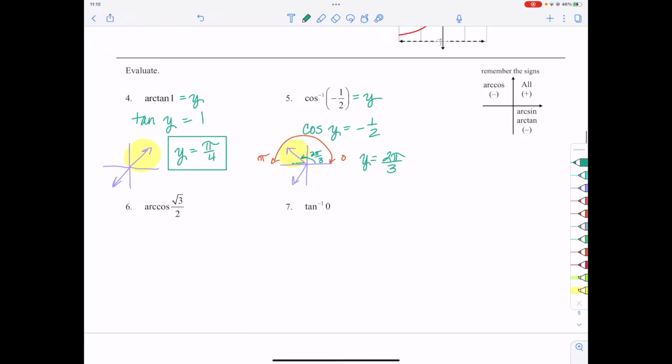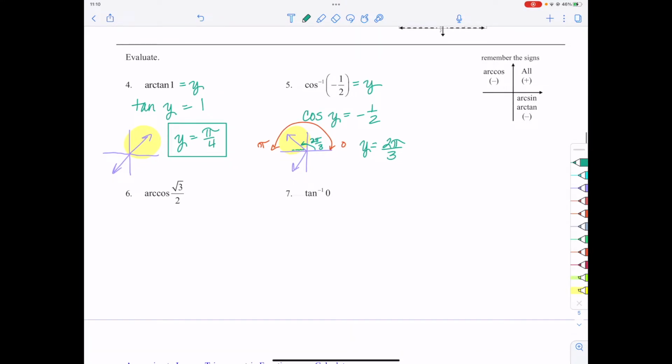The arc cosine of root 3 over 2 is equal to y. So the cosine of y is root 3 over 2. This time we have a positive value, so we will be in quadrant 1 or quadrant 4.